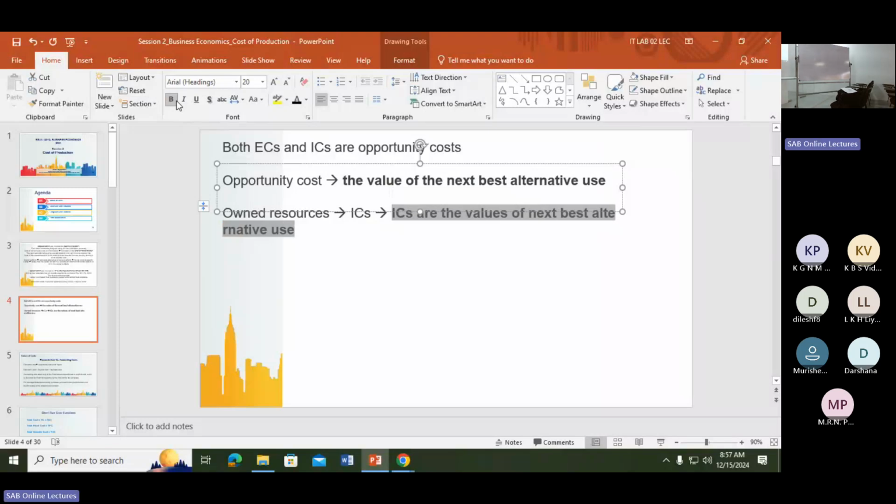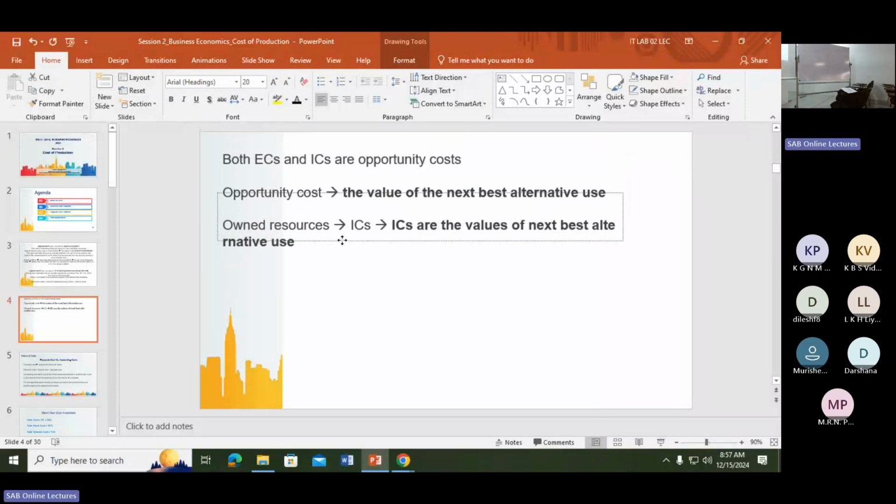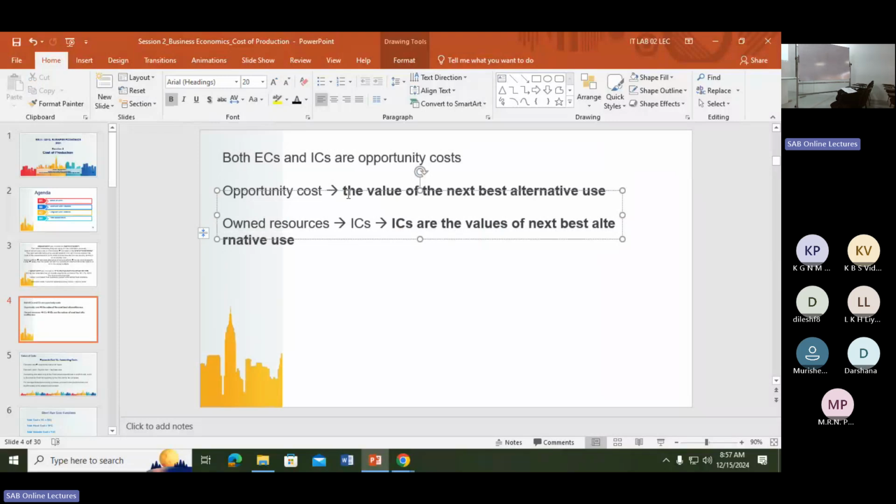We don't want to worry about it. The definition of opportunity cost is the value of the next best alternative use. The definition of implicit cost is the value of the next best alternative use. So both definitions are the same.